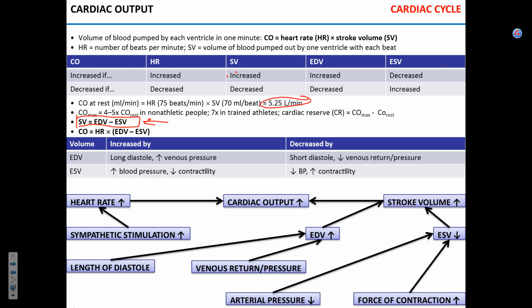If one beat delivers 70 mils, then 75 beats will deliver 5.25. Does it make sense? Now, cardiac output at rest is constant. You understand what I'm saying?